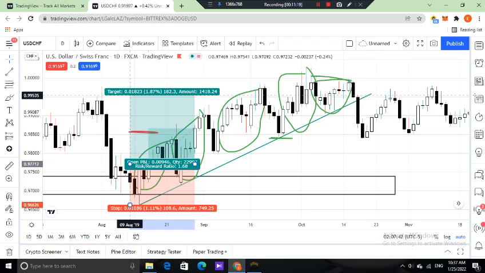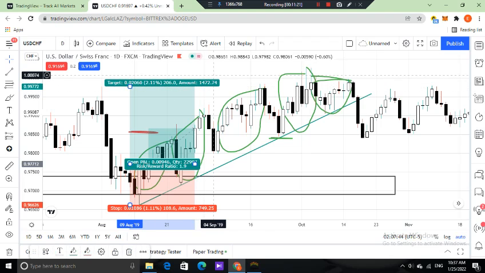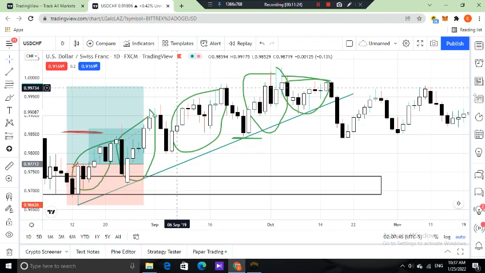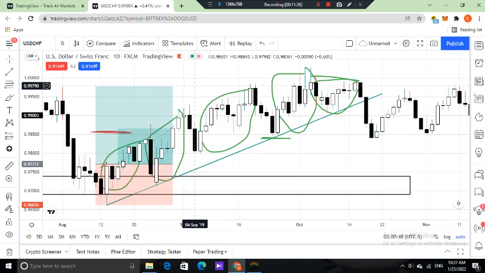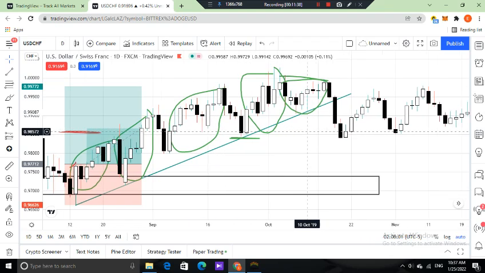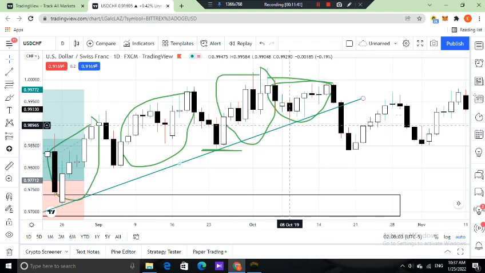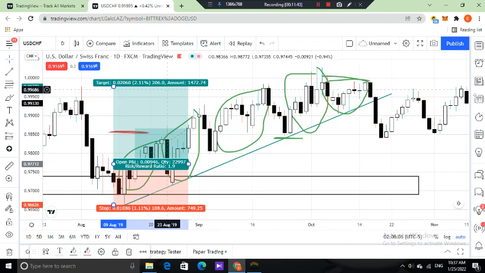As I said at the beginning, you leave your TP target at this point, which means your position will be executed at this point.